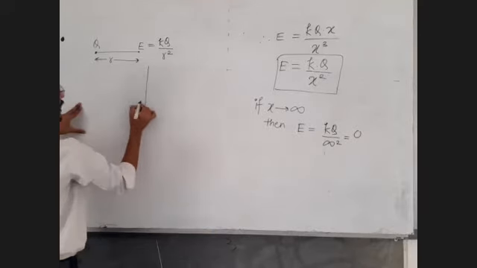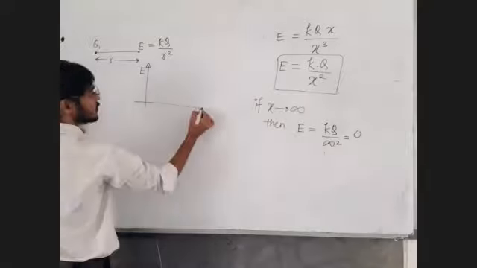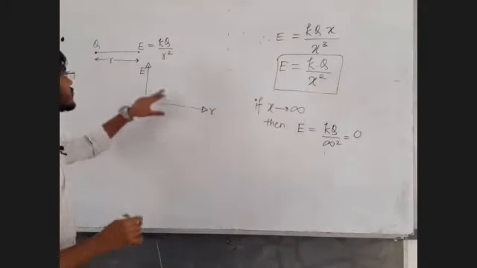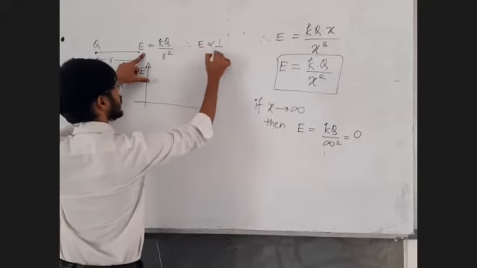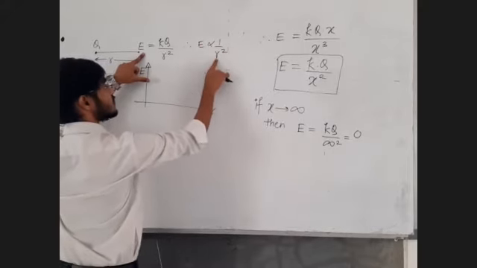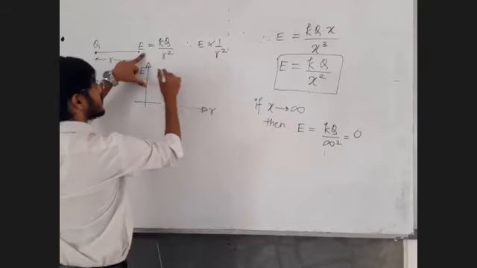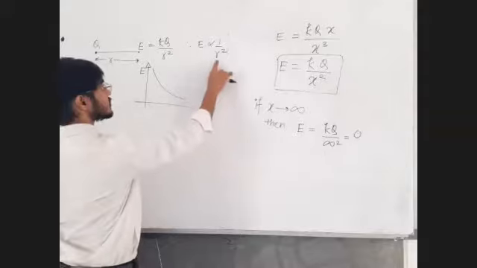If you draw the graph of numerical value of electric field versus the distance, you will observe that electric field is proportional to 1 upon r square. Means if the distance increases, electric field decreases. Draw graph like this.